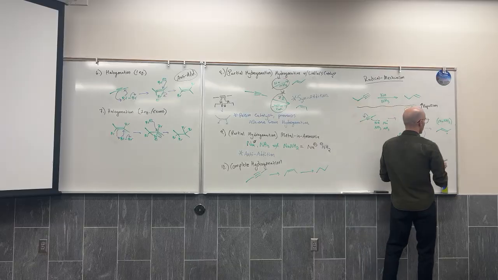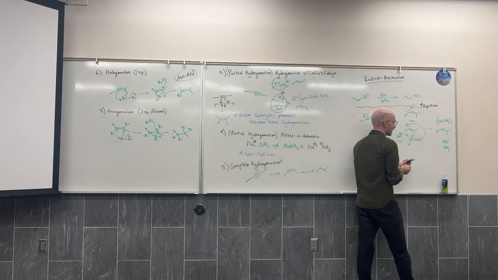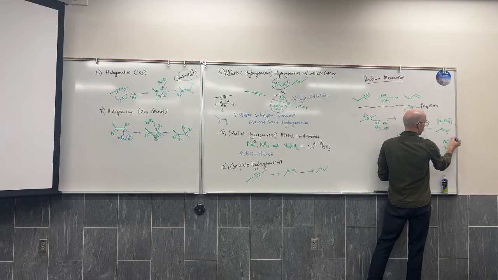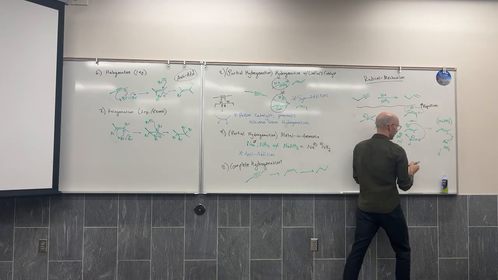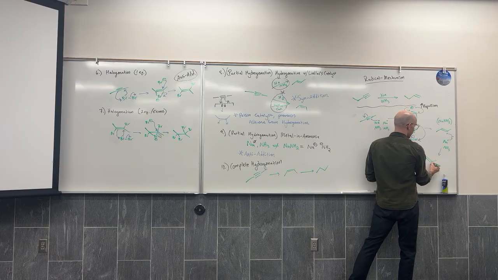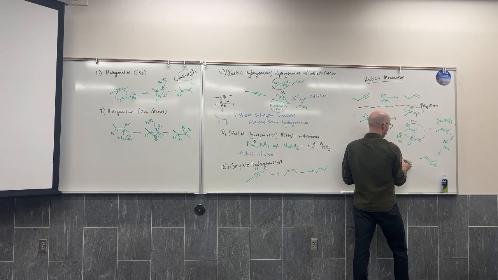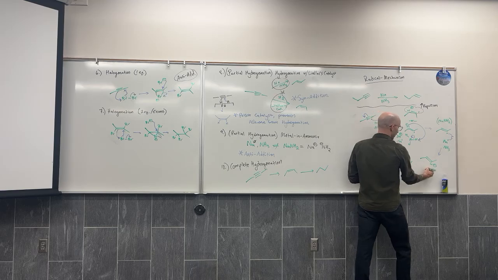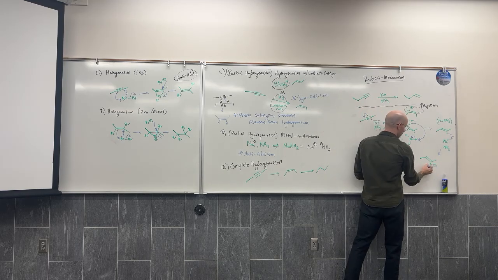Then our second equivalence of sodium acts as a radical to the radical, creating a lone pair species. And that lone pair behaves just like it did last time. Takes a hydrogen from ammonia.